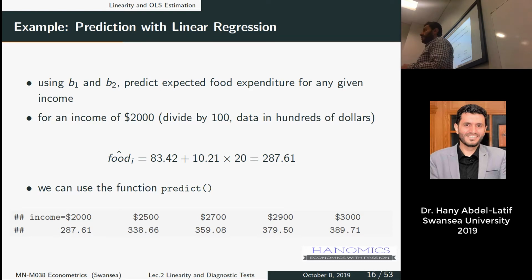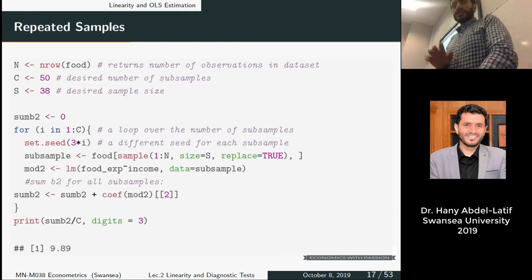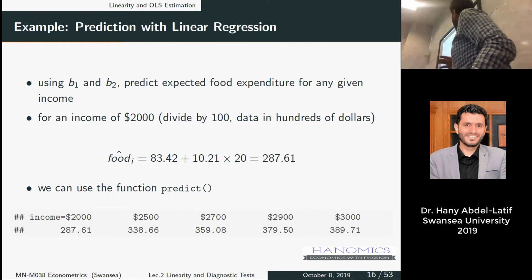And in R, rather than doing this manually, you can use the function predict to predict for different levels of income. So this is how much they would spend if they receive $2,000. This is $2,500 per week. So using the same model here, we predict how much they would spend on food. This is the simplest way you could do it.